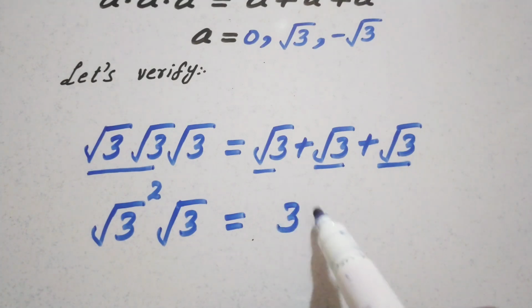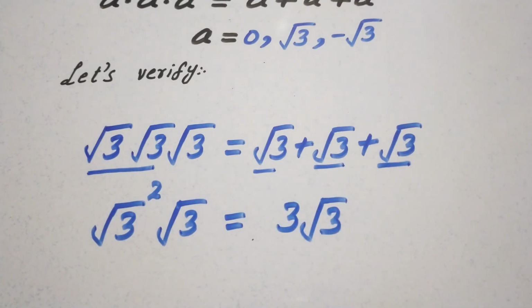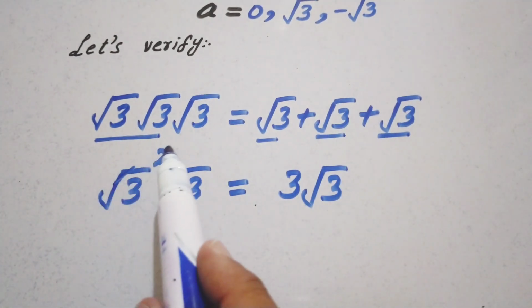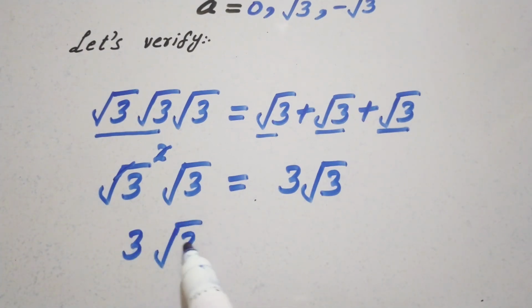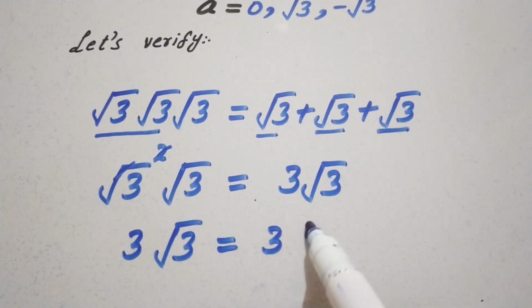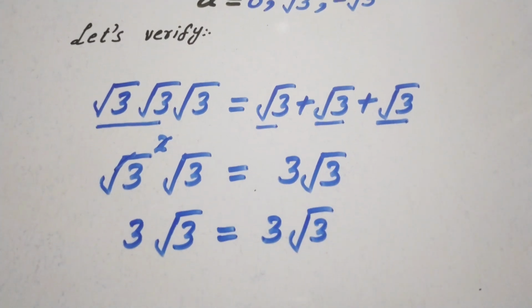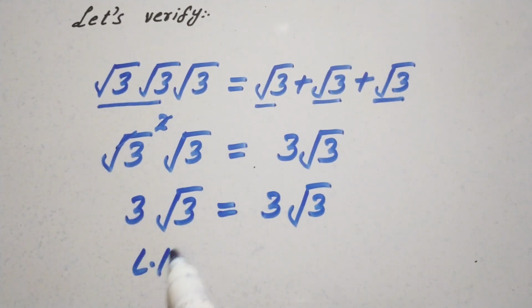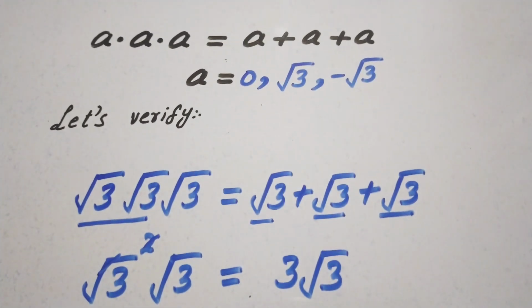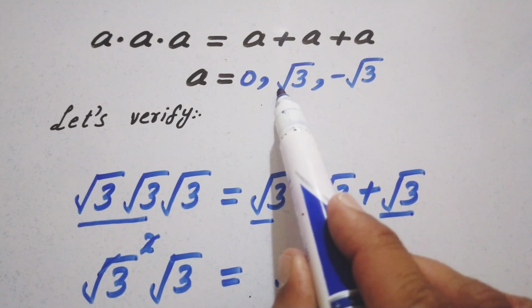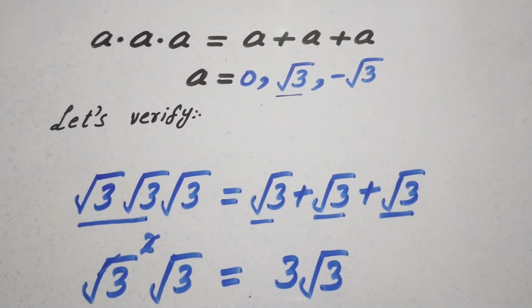So this becomes 3 into square root 3. Here the square root and square cancel out each other, and we are left with 3 into square root 3 is equal to 3 into square root 3. Hence the left-hand side is equal to the right-hand side. So a equal to square root 3 is a valid solution.